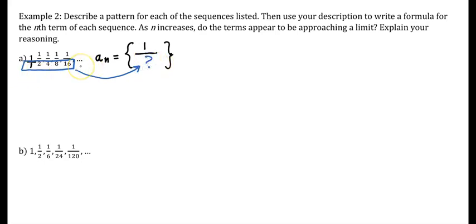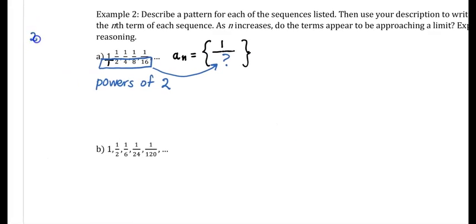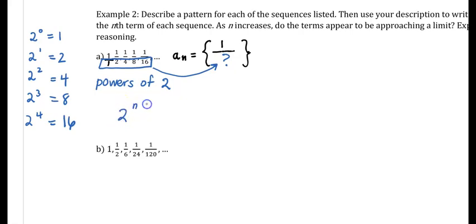Now, the numbers that I boxed in blue, hopefully you do recognize them as powers of 2. So what I mean is if you think about the numbers 2 to the 0, 2 to the 1, 2 squared, 2 cubed, so on and so forth, these numbers are exactly the numbers that are showing up in the denominator. So that means that generally speaking, the denominator looks like 2 to the n.